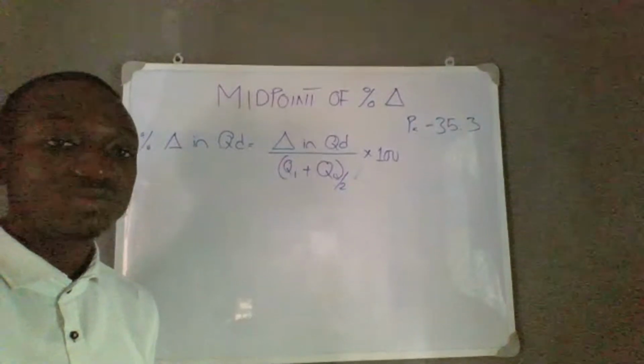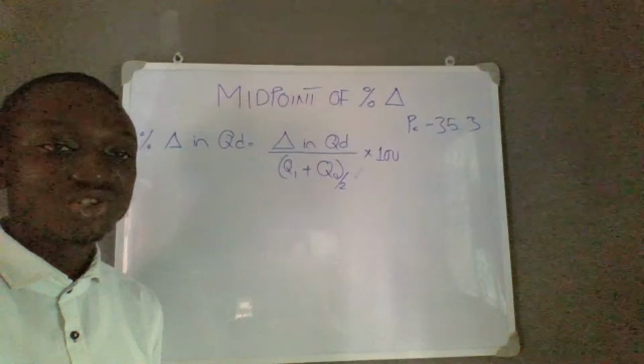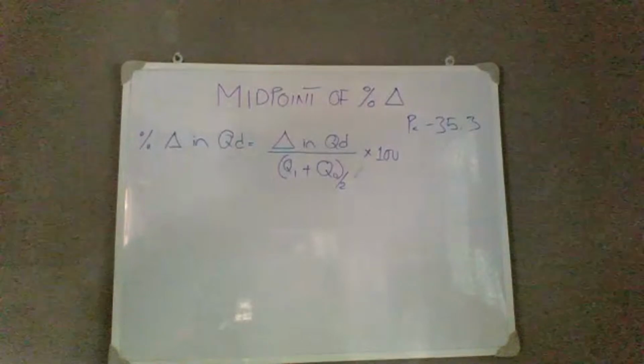This is the process for calculating the midpoint percentage change in price and percentage change in quantity demanded. So now the one for quantity demanded.